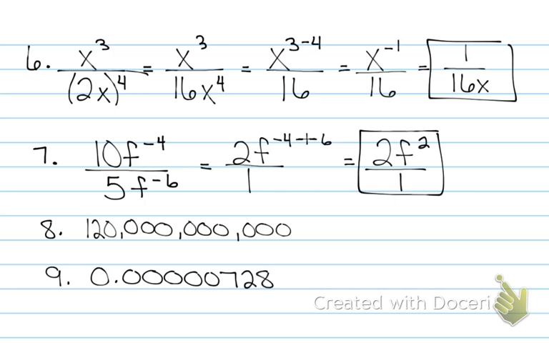Okay, go ahead and write these two numbers in scientific notation. So let's say the first one together: 1.2 times 10 to the 11th power. All right, let's say the next one: 7.28 times 10 to the negative 6th power.